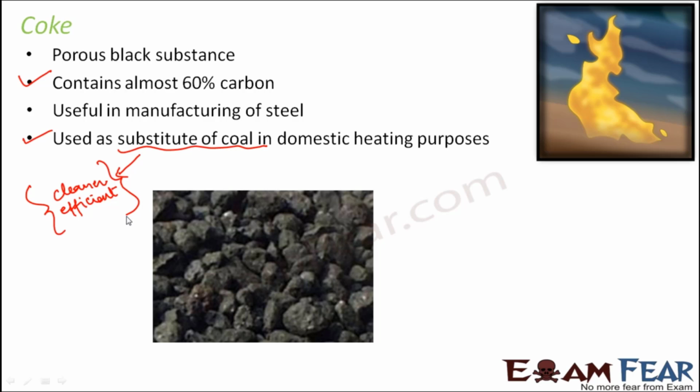This mixture of carbon monoxide and hydrogen forms water gas. So basically this water gas in turn helps in preparing coal gas. That's how coke acts as the starting material for preparing coal gas and water gas. That is also another advantage of having coke.